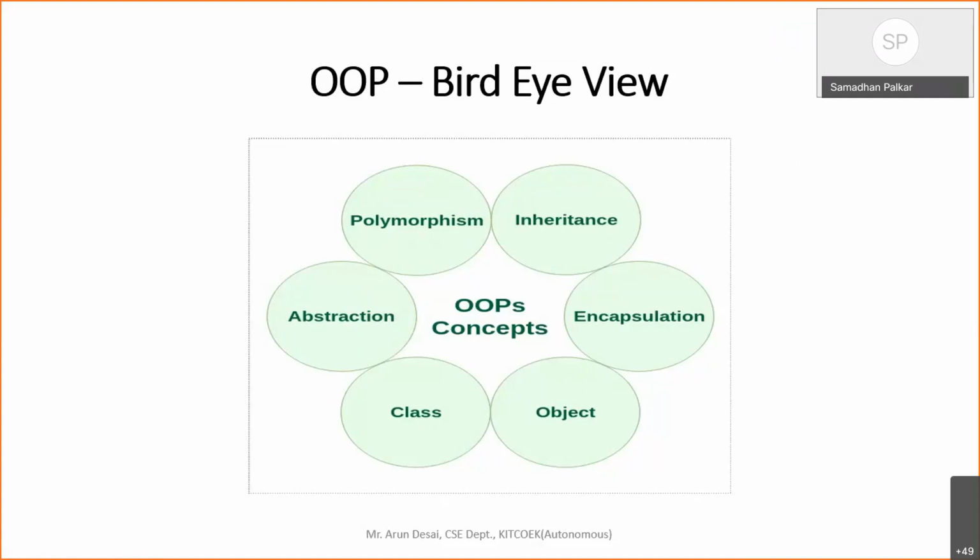So this is a bird's eye view, an overview of object-oriented terminologies or object-oriented programming concepts. Classes are there, objects are there, encapsulation is there, inheritance is there, polymorphism is there, abstraction is there. So this is simply a bird's eye view: if you talk about OOP, all of these should be there in that language.